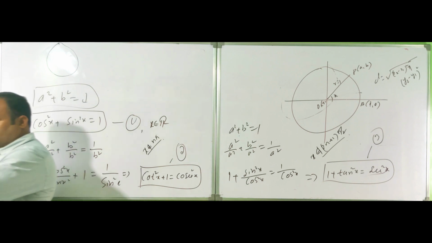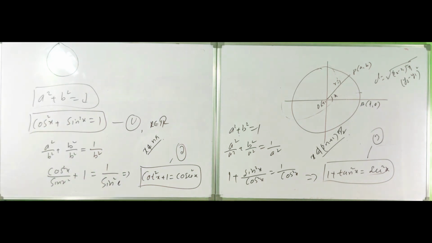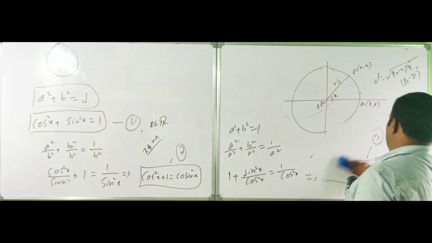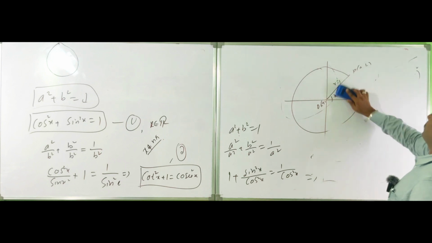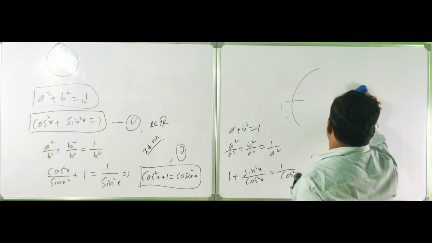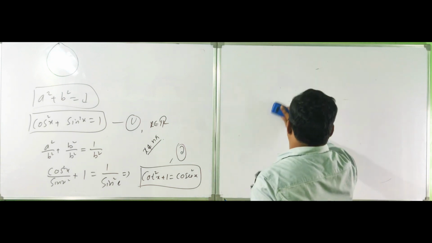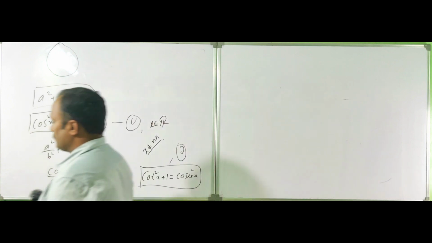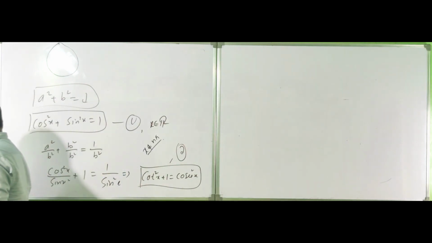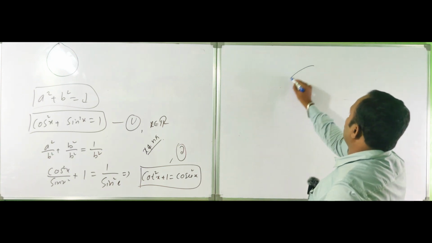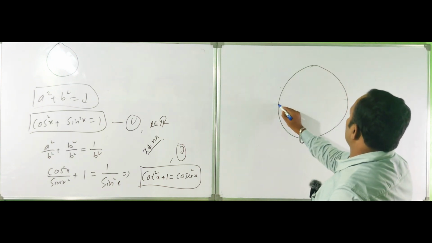The last concept is opposite functions. Here we have the first quadrant, second quadrant, third quadrant and fourth quadrant, and the sine and cos values in the different quadrants.